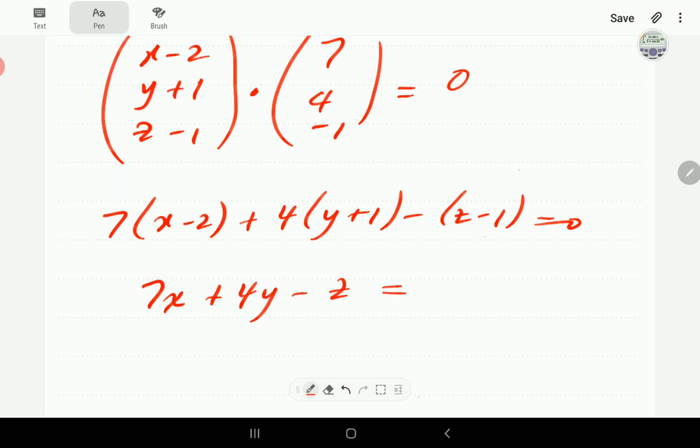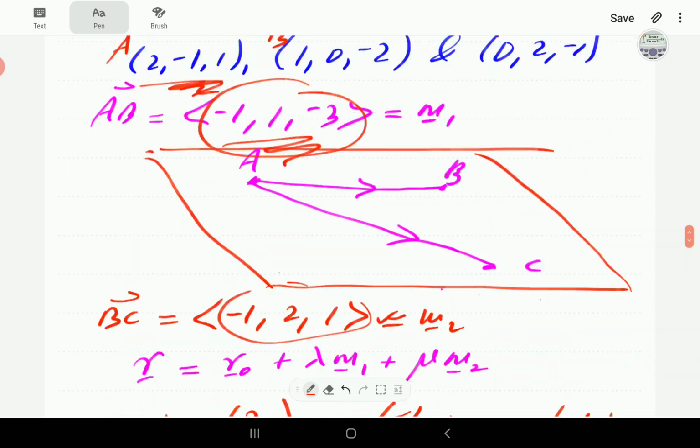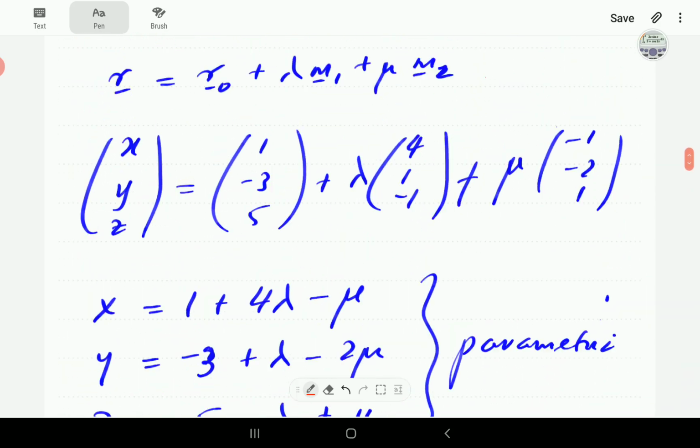The constants are going to be negative 14, and then plus 4, and then plus 1, that's going to be negative 9. So this is going to be equal to 9. So this is the scalar equation for the second plane.